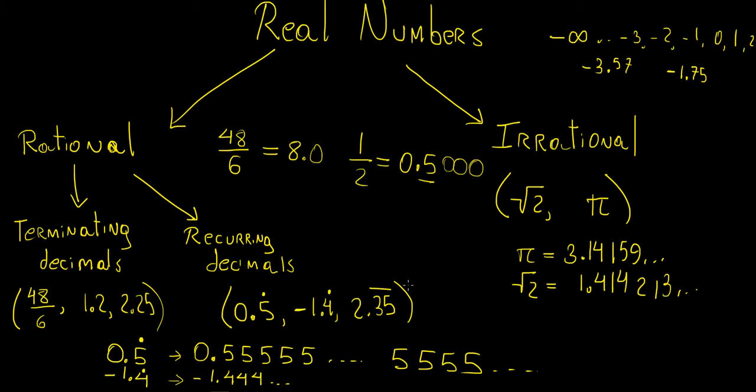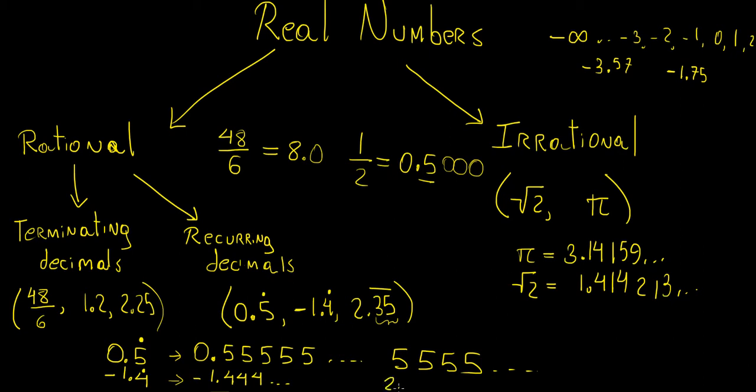Another type of recurring decimal that you can have is something that has more than one digit that is repeating itself. So in this case, we have 2.35, and there's a straight bar on top of those two numbers. What that means is that we're essentially going to repeat the same sequence of numbers. So we're going to take both the 3 and 5 as a single number, in this case 35, and that's the number that we're going to repeat in the sequence.